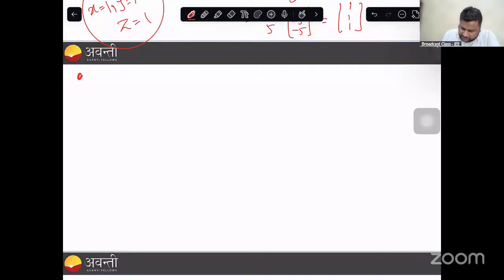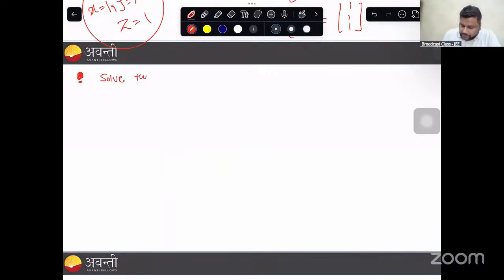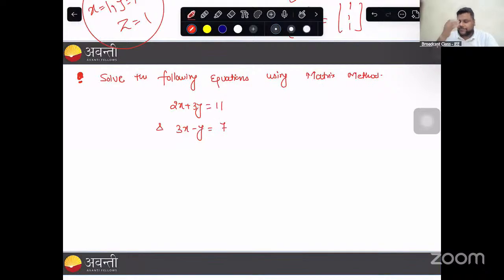So the question is, first of all, solve the following equations using matrix method. Strictly, you have to solve them using matrix method only. The equations are 2x plus 3y equals 11 and 3x minus y equals 7.